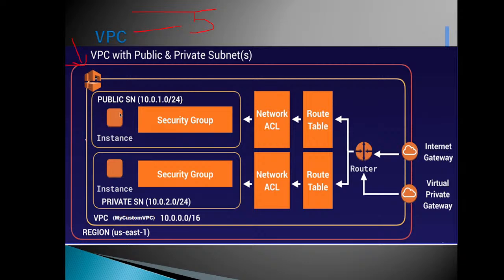Next thing you can see here, the golden line, it is a VPC. Each VPC will have an IP range, IP addresses.